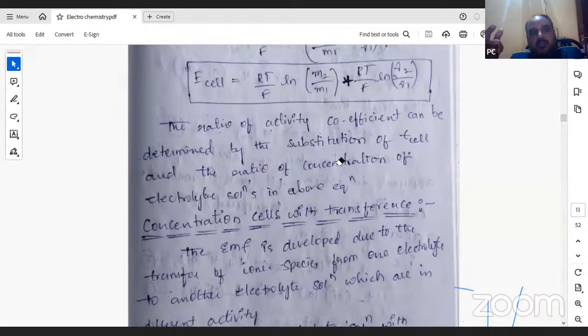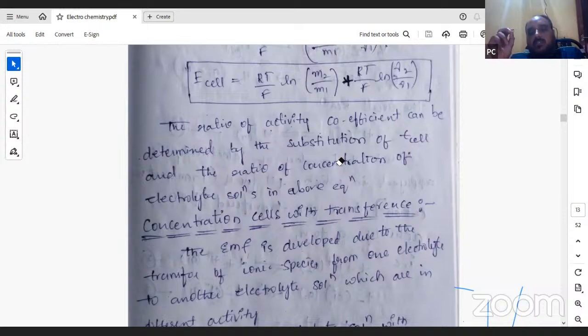The hydrogen electrode is dipped in HCl solution having activity A1 and connected with the silver chloride electrode, and we get one EMF, E1. The same hydrogen electrode dipped in HCl of activity A2 and combined with silver chloride gives E2.